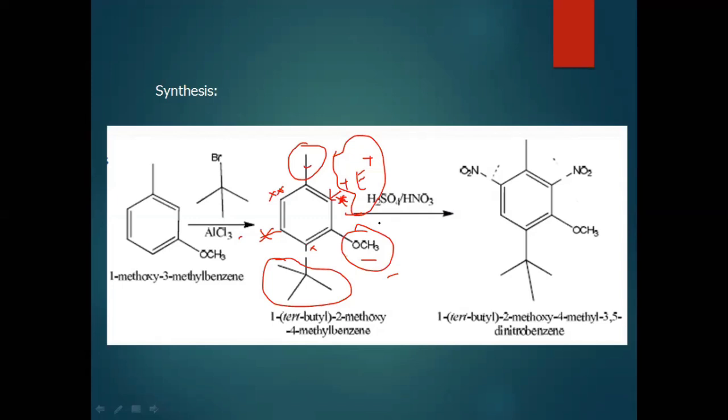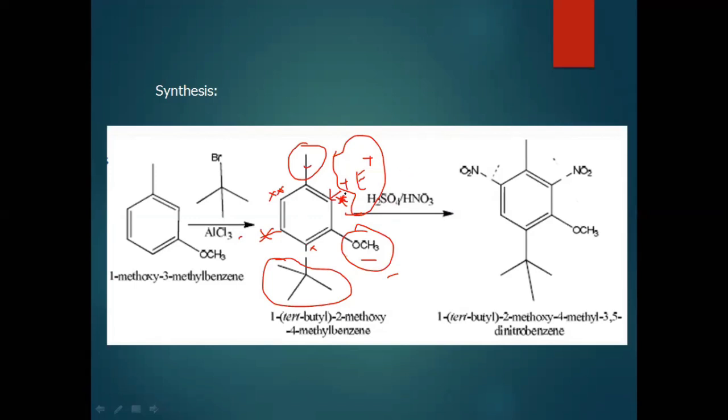After this step, next you have two sites for the electrophilic substitution reaction: the nitration reaction. You need to use H2SO4 and HNO3. H2SO4 and HNO3 is a nitrating mixture that gives the nitronium ion, the electrophile. So it is an electrophilic substitution reaction, of course.